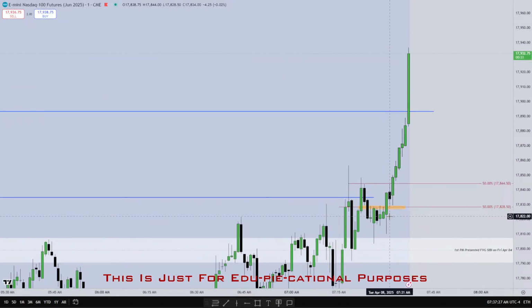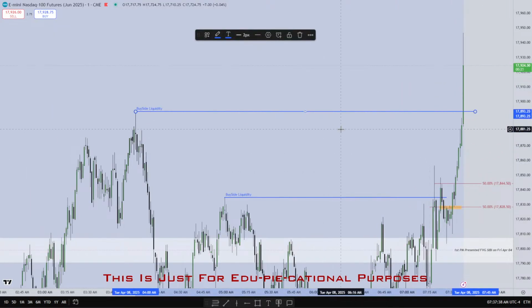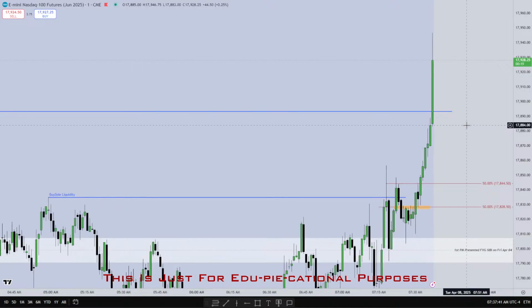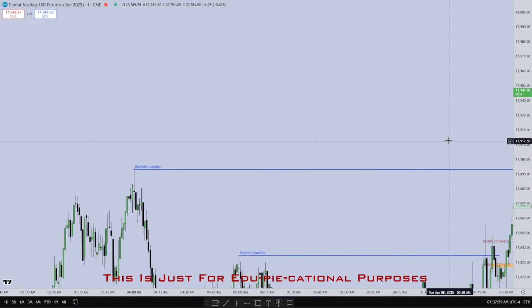This happened by the run above this fair value gap of the VI at 7:31. The second target was also attacked very nicely. And we are going above more and more.